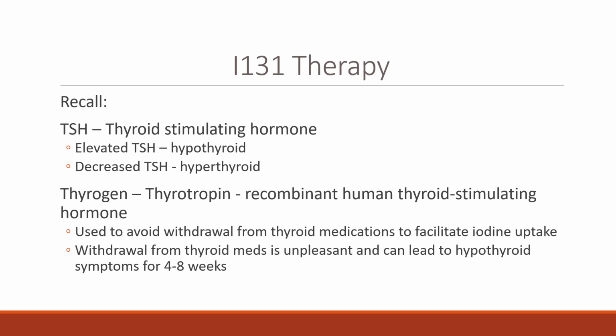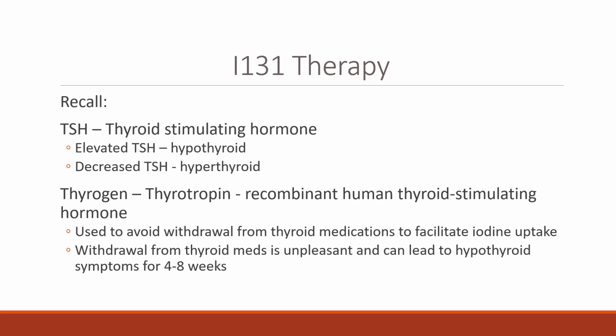But you've got to think about what the thyroid stimulating hormone is and where it's coming from. And it's in the name, right? It's coming from the pituitary gland and it's stimulating the thyroid's function. So if our thyroid is hypo, the TSH is going to be higher because it's trying to stimulate the thyroid to work harder. So keep that in mind.